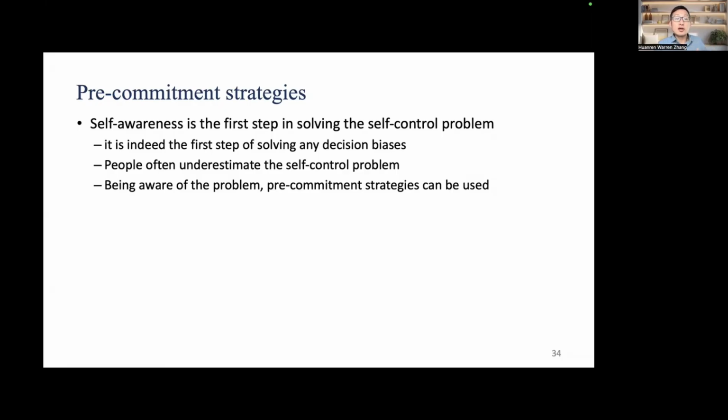Similarly, the awareness of the existence of the self-control problem is the first step of solving this problem. You should be aware that as human beings, we all experience this problem. Don't be overconfident in overestimating your ability to resist temptations. And being aware of the problem, then the pre-commitment strategy can be used.